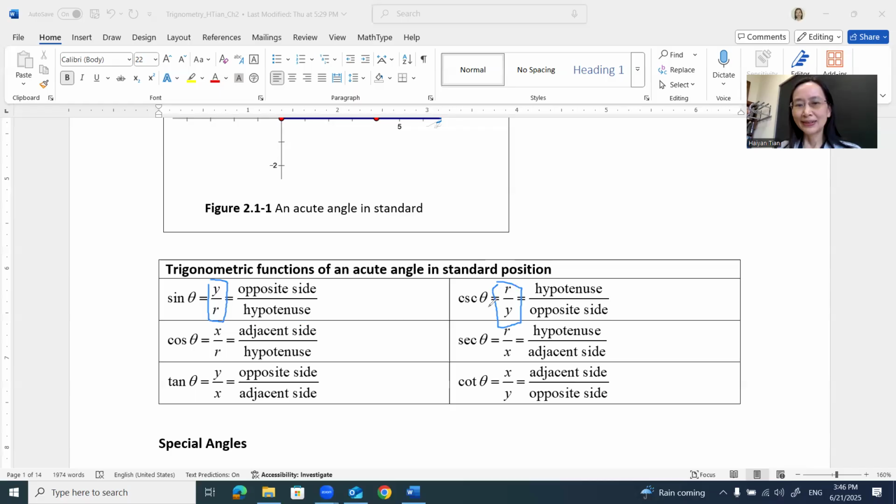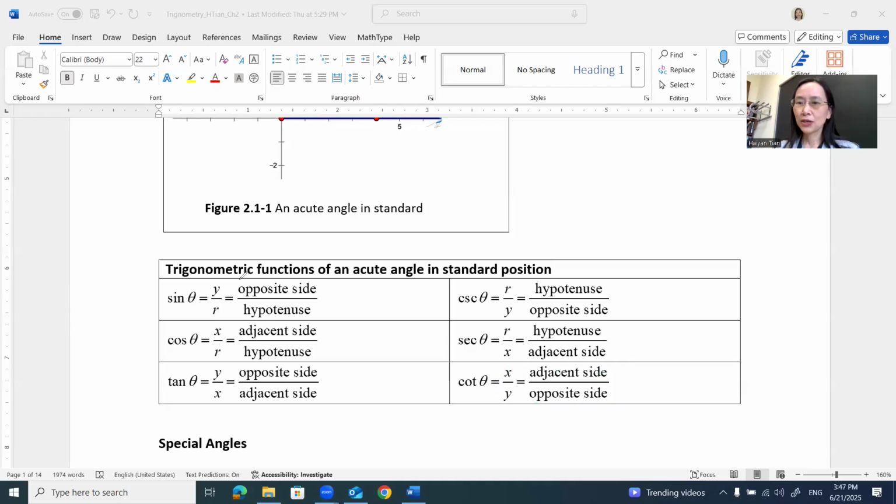So cosecant theta is hypotenuse over the side opposite theta. And secant theta is r over x, which is the hypotenuse over the adjacent side. And cotangent theta is x over y, which is adjacent side over opposite side.